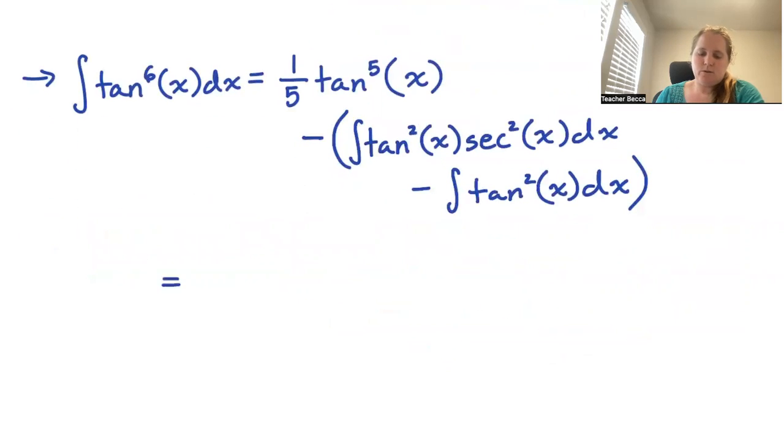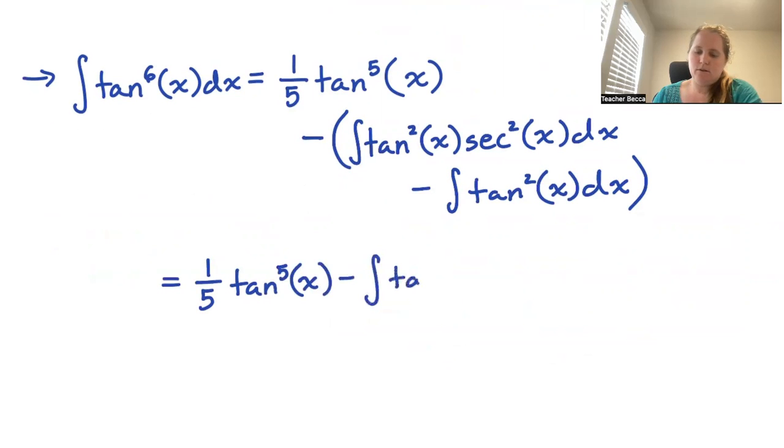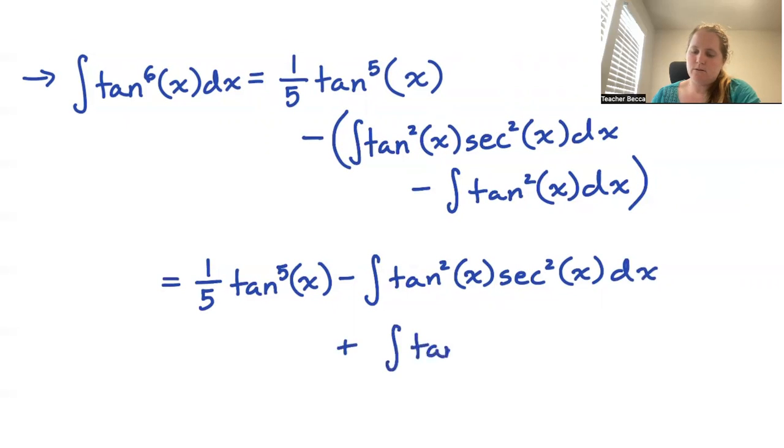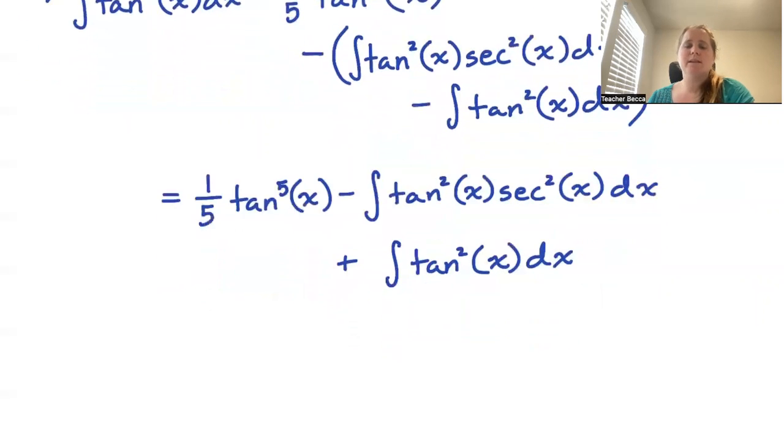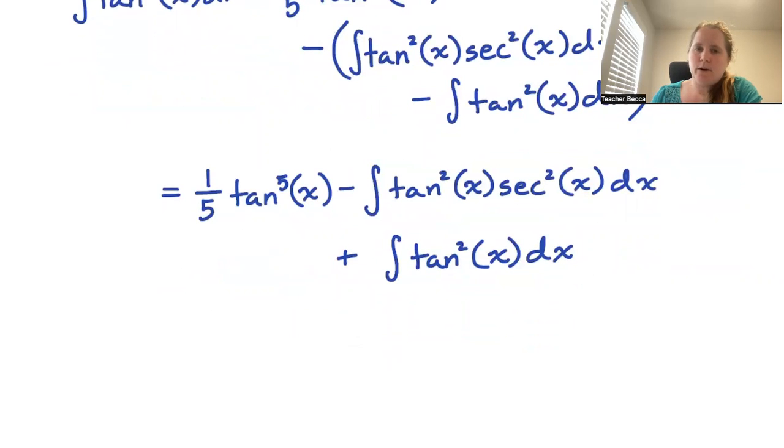So this becomes 1/5 tangent to the 5th of x minus the integral of tangent squared x, secant squared x dx, plus the integral of tangent squared of x dx. Once again, that integral of tangent squared x secant squared x dx, we have our even power on secant. That is again back to case 1.